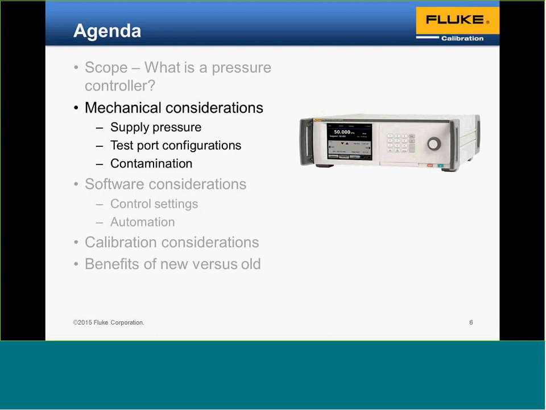In situations where people are not getting optimal pressure control out of their controller, it can usually be solved by looking at one of three things, and it's these things exactly here: either improper supply pressure, too much volume or a leak on the test port, or contamination causing improper performance from the instrument.